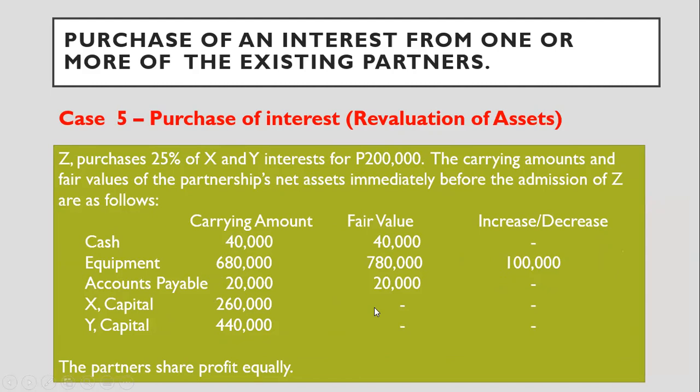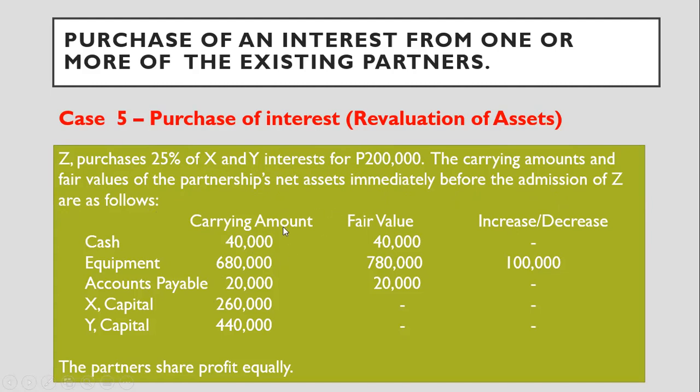Next, number 5, purchase of interest, revaluation of assets. So this is a new assumption or a new problem. Z purchases 25% of X and Y interest for 200,000. The carrying amounts and fair values of the partnership's net assets immediately before the admission of Z are as follows.